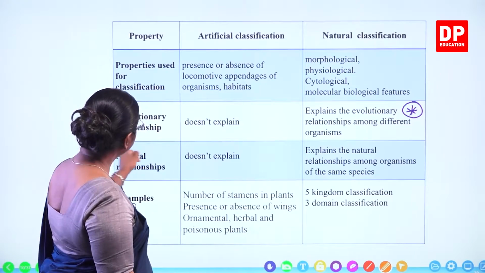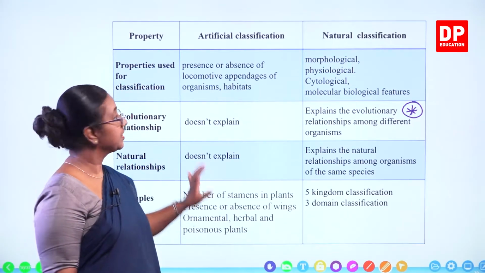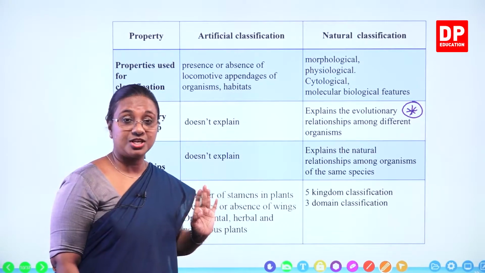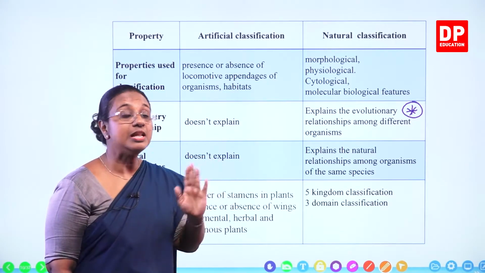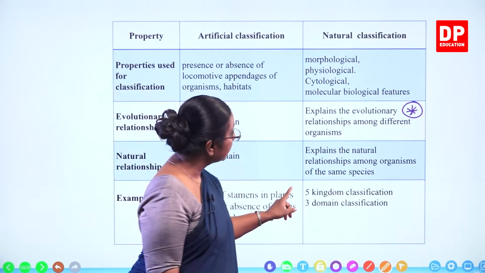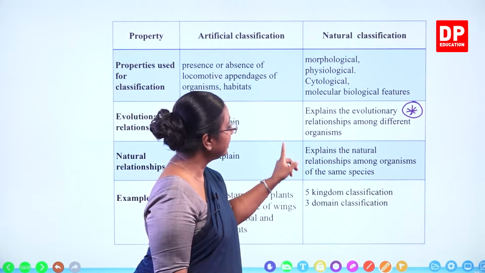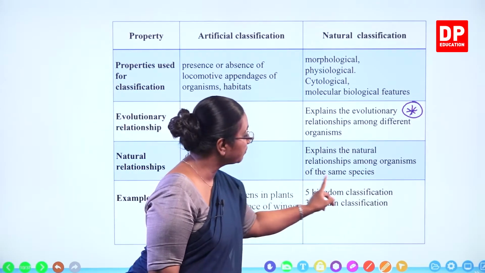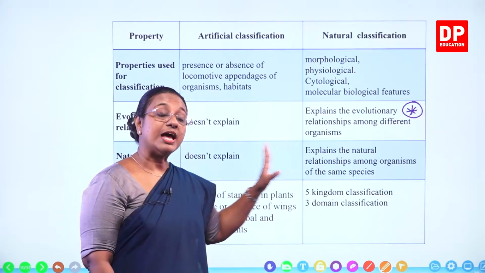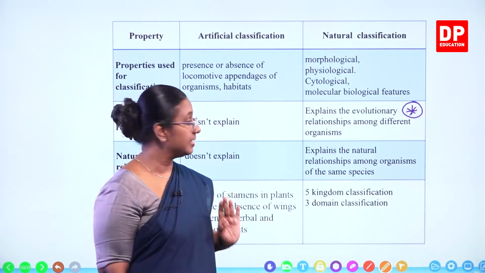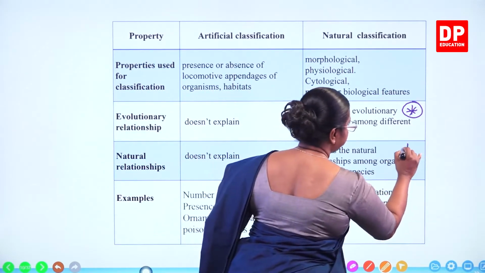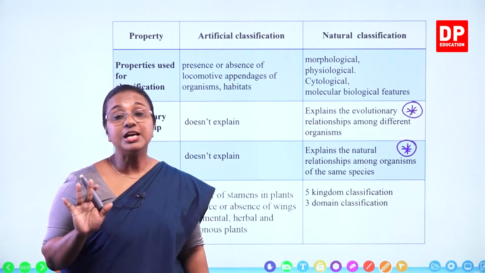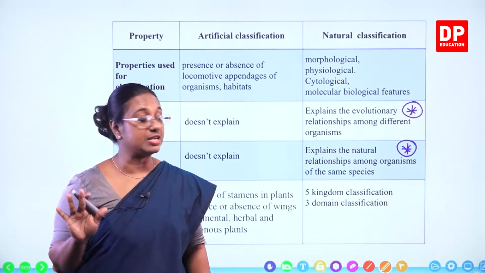The same way, the natural relationships are again not explained in artificial classification, but in natural classification, it explains the natural relationships among organisms of the same species. So that is what we discussed in the previous slide. These 2 points, the features of natural classification, you all have to remember that, students.